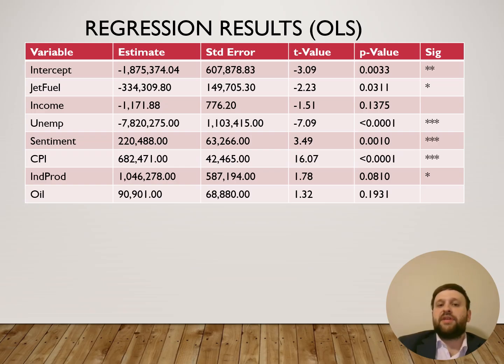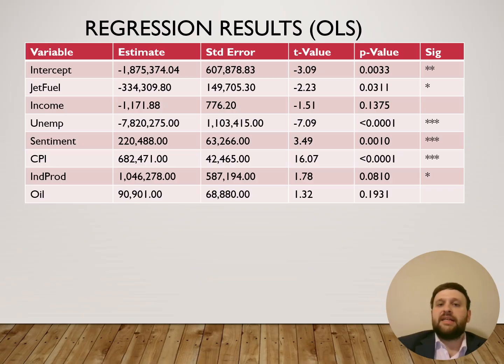Jet fuel is also negative and significant, which fits the idea that higher fuel costs lead airlines to raise prices, and/or reduce capacity, ultimately lowering demand. Consumer sentiment is positive and highly significant, suggesting that people are more willing to travel when they feel confident about the economy. And CPI is also strongly positive and highly significant, reflecting that periods of economic expansion, when prices tend to rise, are often accompanied by higher travel activity.